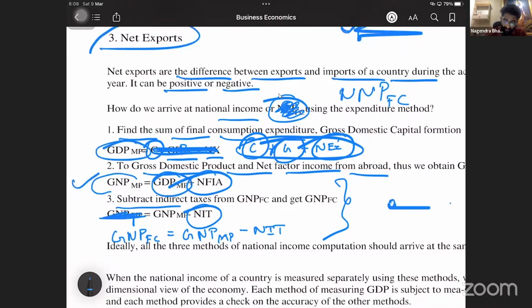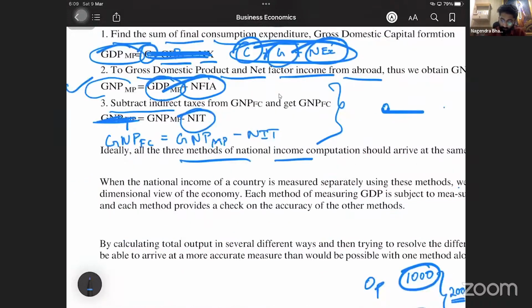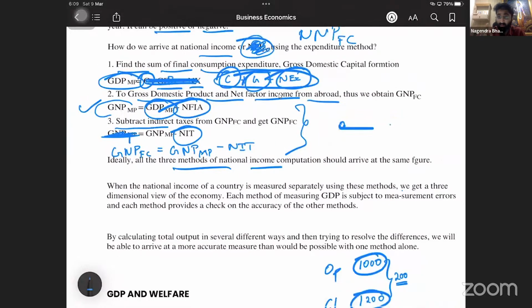Ideally, all three methods of national income computation should arrive at the same figure. It has to arrive at the same figure, but it won't. It is very difficult, so you have to do some necessary adjustments. When the national income of the country is measured separately using these methods, we get a three-dimensional view of the economy: production view, income view, and expenditure view.